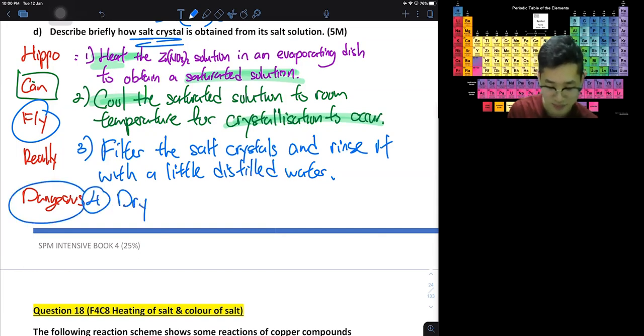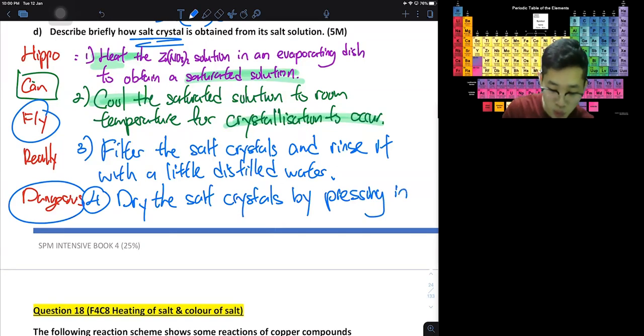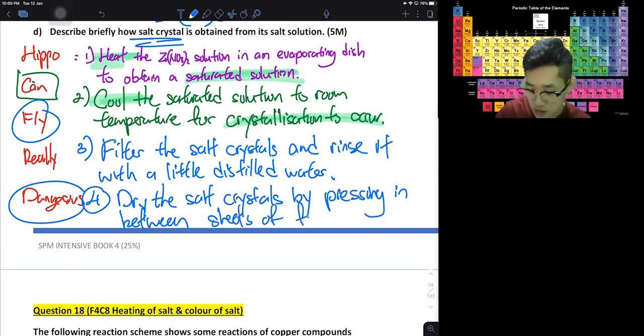And lastly, dry. We dry the salt crystals by pressing them in between sheets of filter papers.